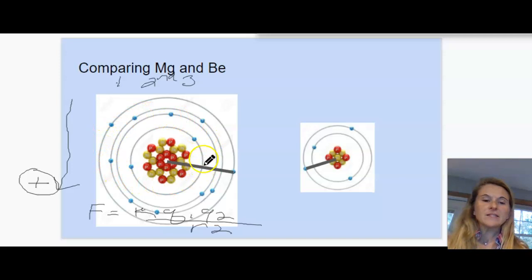People like to think that the greater number of core electrons there are between the nucleus and the valence electrons, the less attraction there is between those valence electrons and the nucleus, when in fact it's really about the distance away.